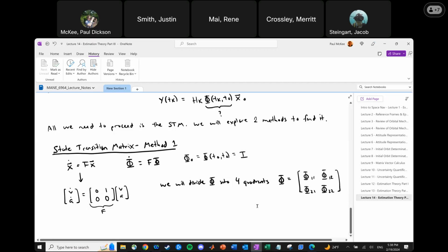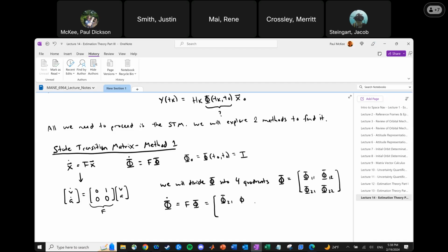And so we know that phi dot is equal to F phi. So let's just think about how that would work out, right? So it's essentially this F matrix times this phi matrix. And so hopefully it's clear that this is going to give us phi 21, phi 22, 0, and 0.